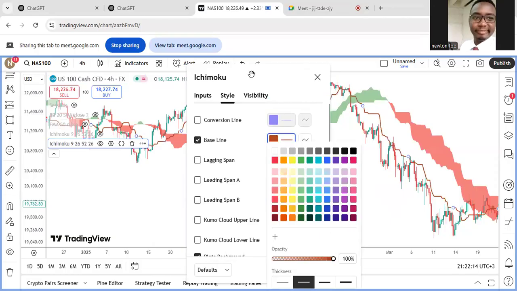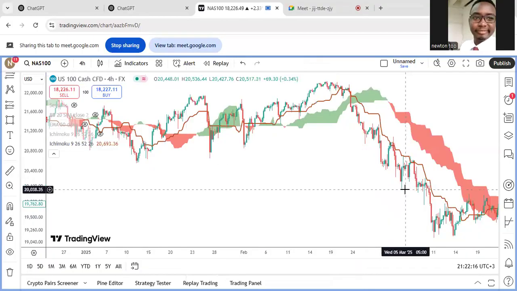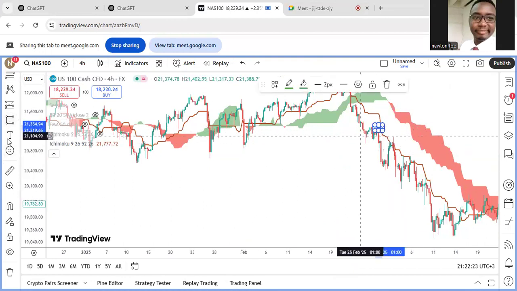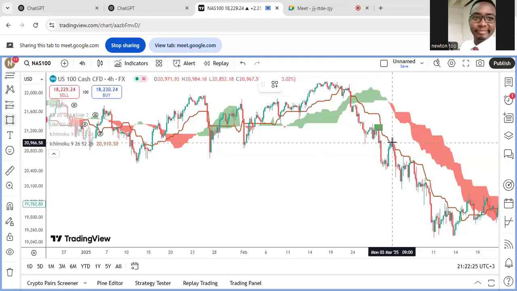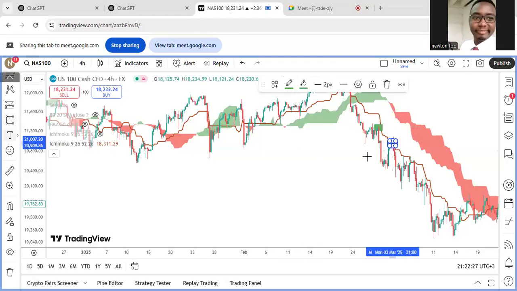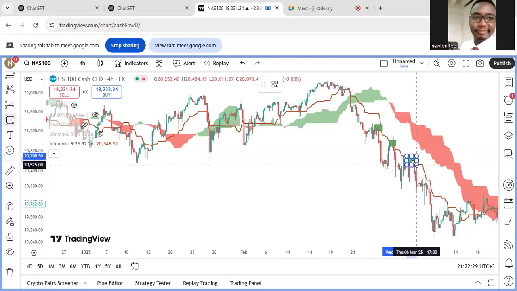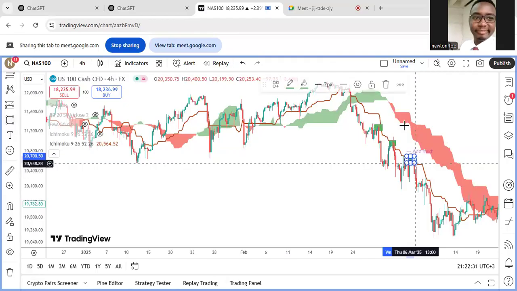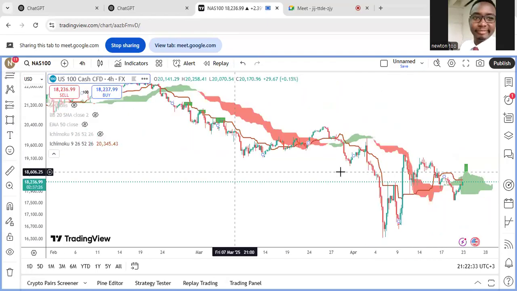Then you'll have it. So unaona kama hapa iko below the cloud. So ungekuwa unachukua hizi bounces, bounce the cloud, bounce the baseline. It bounce so long as tu market iko below the sell trend.